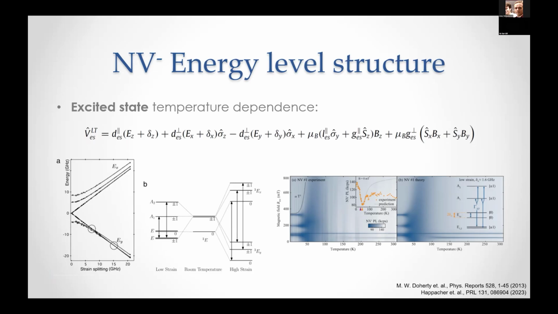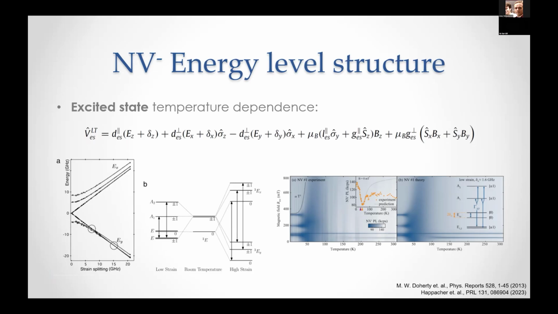So I haven't really said it yet clearly, but this NV minus system, when you excite it to the excited state, it fluoresces. It's optically active and fluoresces in red. And this is a color map of the fluorescence intensity as a function of temperature on the x-axis and of a magnetic field on the y-axis.